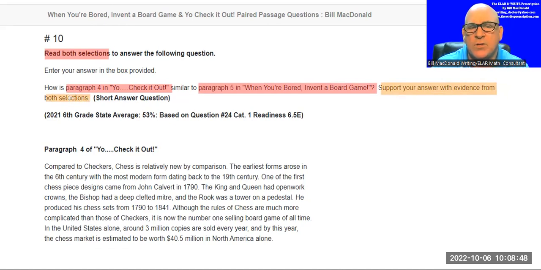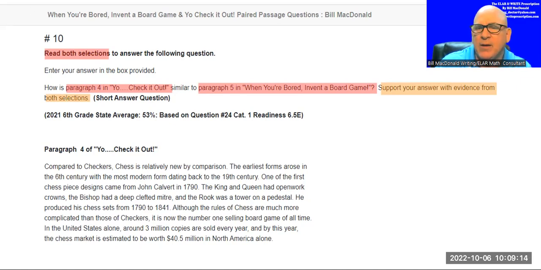So there was a question like this on the actual 2021 6th grade test, and only 53% got it correct with multiple choice. If you look at the 2021 test, question 24, it was category 1, readiness 6.5E. And so there's the passages.